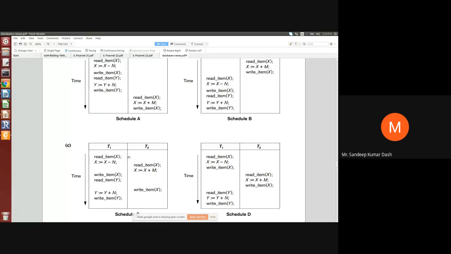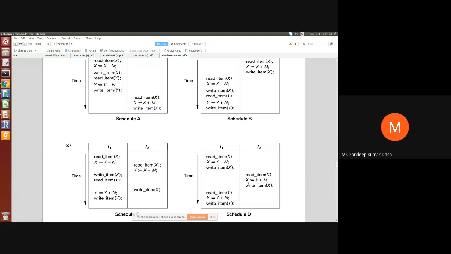So these can never be converted into a serial schedule. That means this is not a serializable schedule, and if this is not a serializable schedule, then that will always produce an inconsistent state for the database. But this one you saw can be converted to this type of serial schedule. So this is an acceptable serializable schedule.